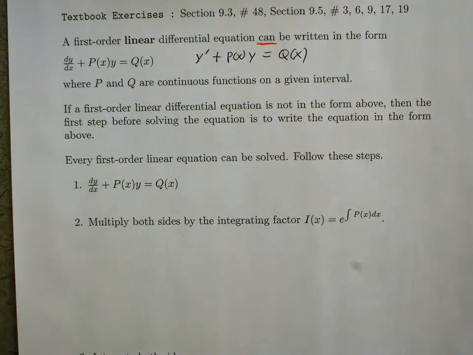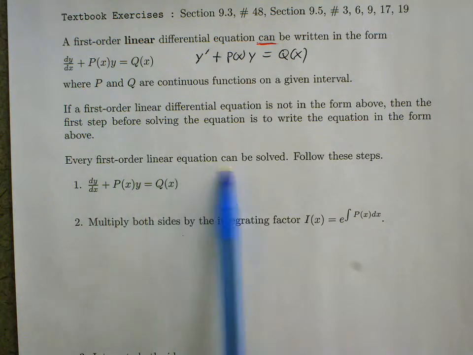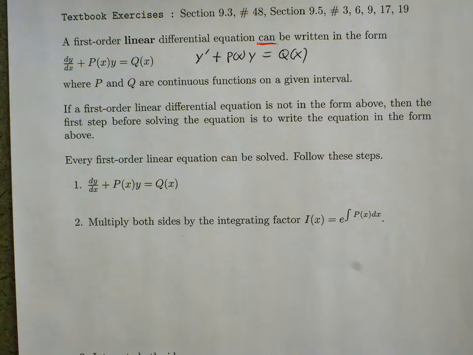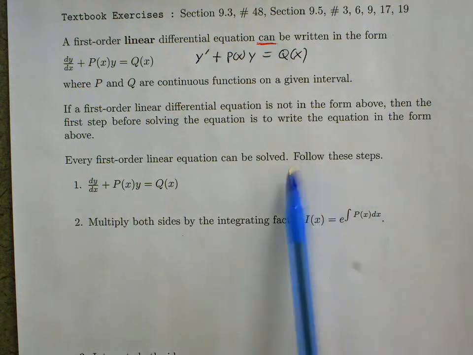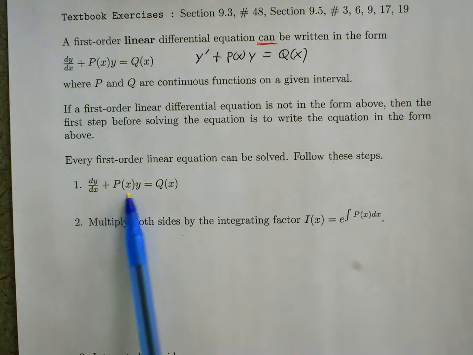Okay, so according to the authors of the textbook, every first order linear equation can be solved. So we'll follow these steps. First, we make sure that it's in that form, dy dx plus p of x times y equals q of x.